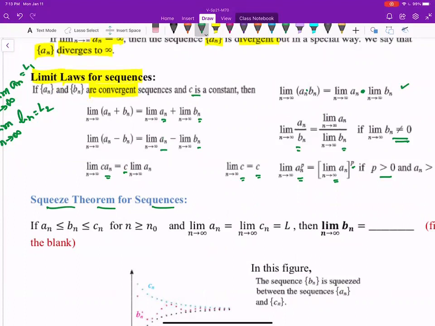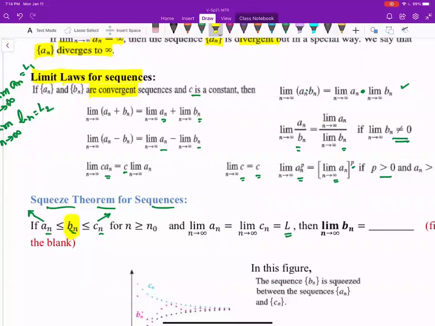So if bn, the nth term of a sequence, lies between an and cn for n more than or equal to n sub 0, and the limit as n approaches infinity of an and the limit as n approaches infinity of cn are both L, that means this end and this end both are approaching L as n approaches infinity, then the middle one has nowhere else to go.